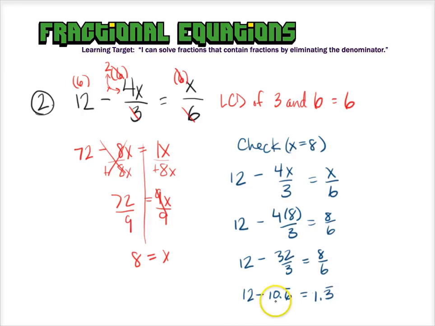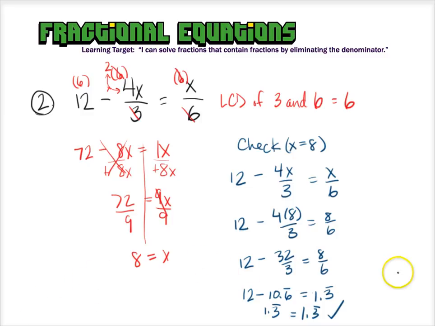So we just got to subtract these. 12 minus 10.6 repeat is, in fact, 1.3 repeat. I was just confirming with my phone calculator to make sure it would work. So if you don't like fractions and you have yourself a calculator, you can definitely just get them down to their decimal version, and you can work with them a lot easier. You don't have to know any fraction tricks for the check if you don't want.